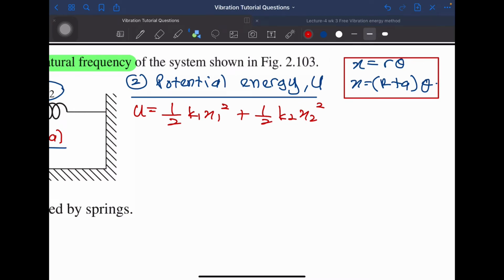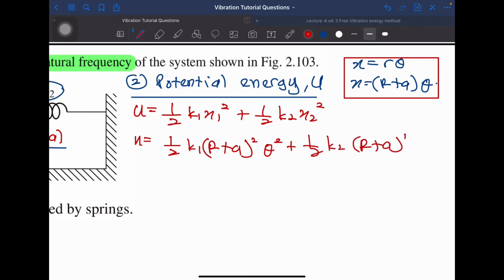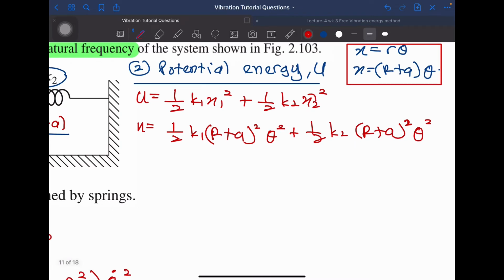Remember the displacements for K1 and K2 are the same, so U equals half K1, our x1 now is (r plus a) squared theta squared, plus half K2, the displacement also the same, (r plus a) squared theta squared, because you substitute inside x.